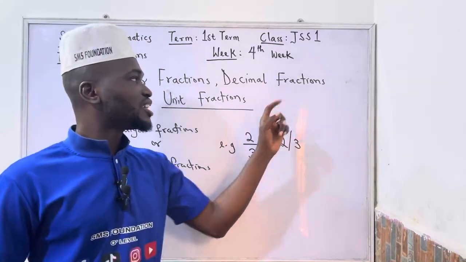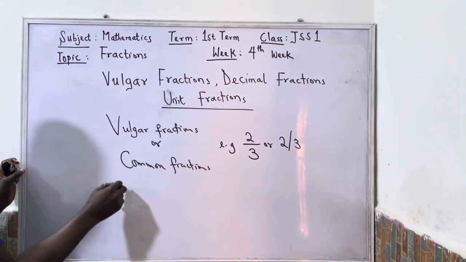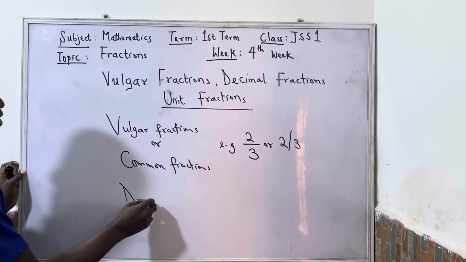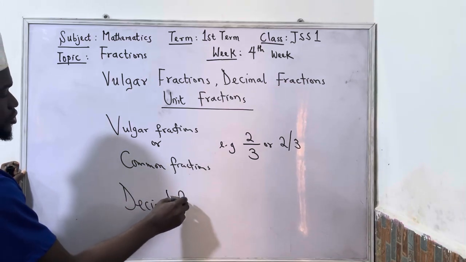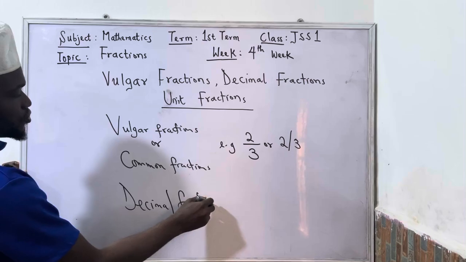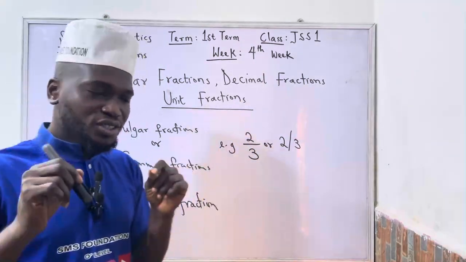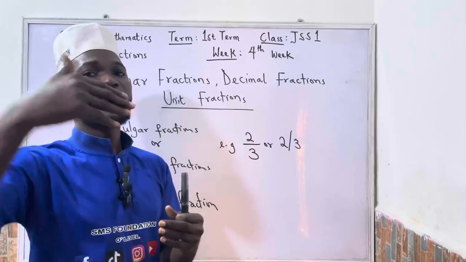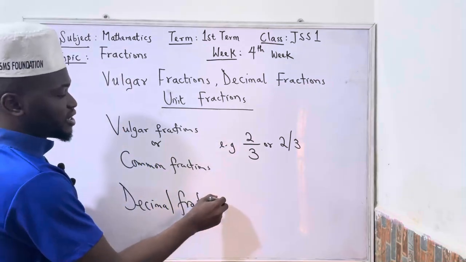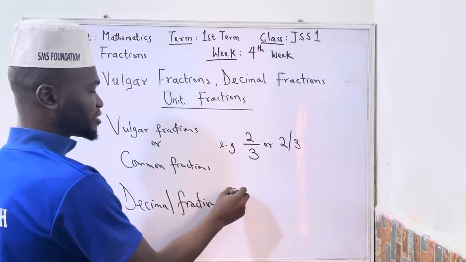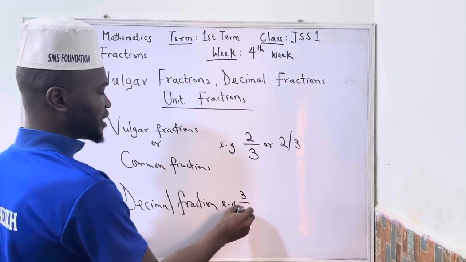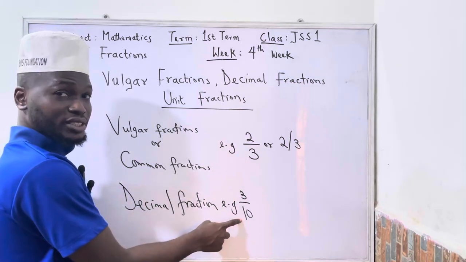Now, the second type is decimal fractions. This one has to do with the denominator. Once the denominator is 10 or powers of 10, like saying 3 over 10, you can see that the denominator is 10.